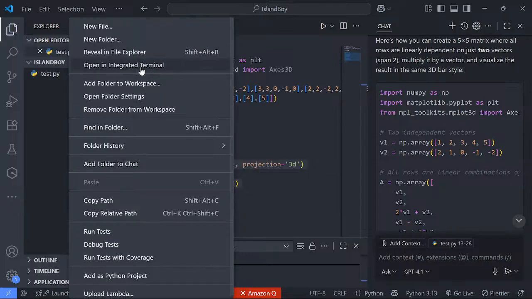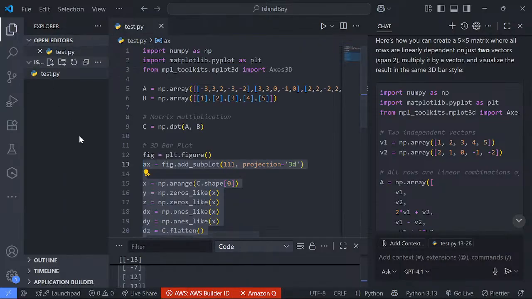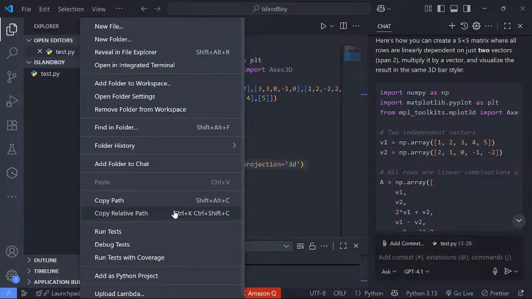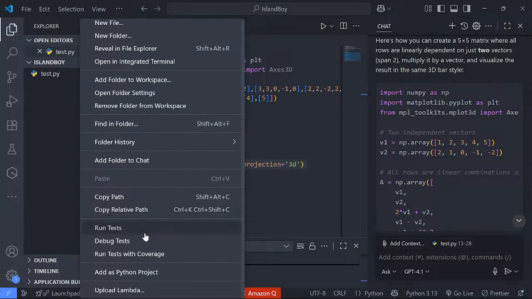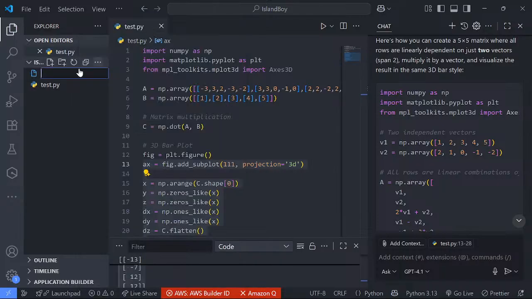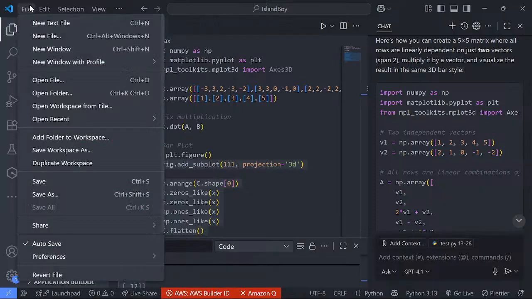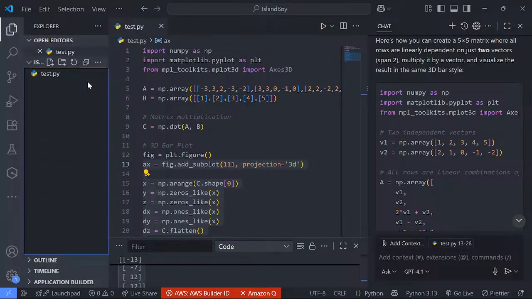Reveal and open in integrated terminal. Open folder setting. What am I even looking at? How do I do this? Oh, can I just... I want to import a file. How do I do it? Okay, I think I got it.